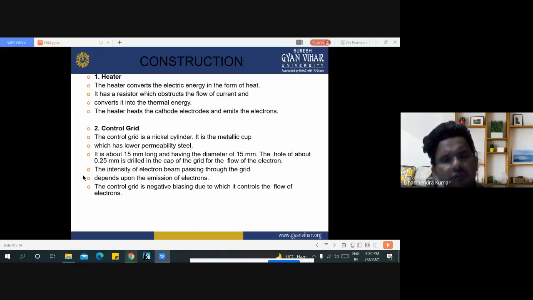It is about 15 mm long and has a diameter of 15 mm. A hole of about 0.25 mm is drilled in the cap of the grid for the flow of electrons. The intensity of the electron beam passing through the grid depends upon the emission of electrons. The control grid is negatively biased, due to which it controls the flow of electrons.